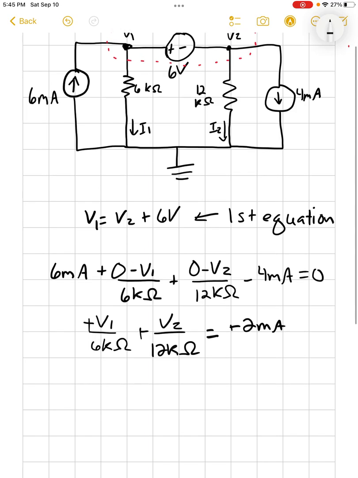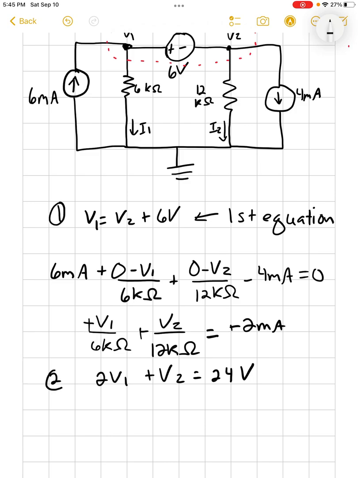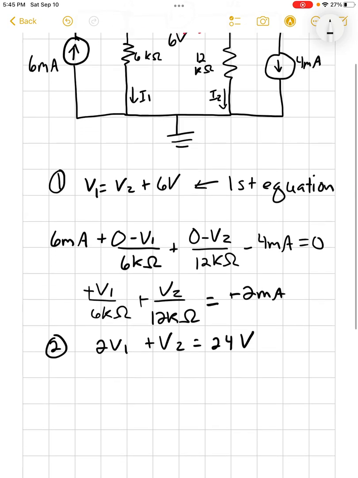The other thing I'm going to do, just because I like to do this, is multiply everything times 12 kilohms. That's going to give me 2V1 plus V2. 12 kilohms times 2 milliamps is going to give me 24 volts. Okay, now I have one equation here and a second equation here, right?